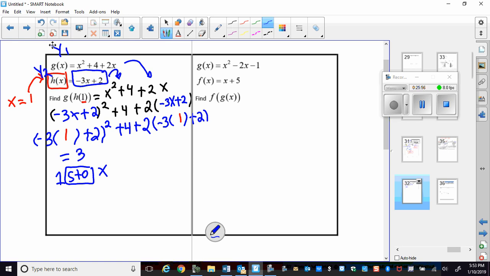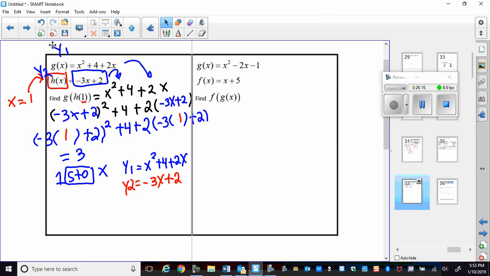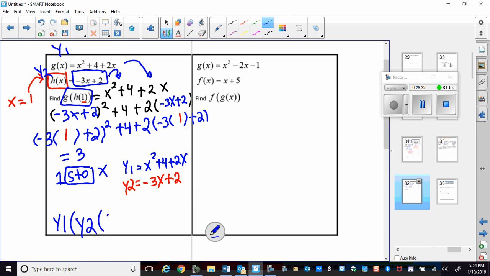This is going to be y2. So we're going to say that y1 equals x squared plus 4 plus 2x. y2 equals negative 3x plus 2. Right? And then what we're going to finally type in is y1, sort of similar to this. y1 parentheses y2 parentheses 1 close parentheses.